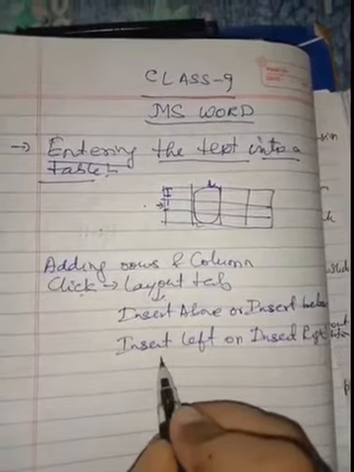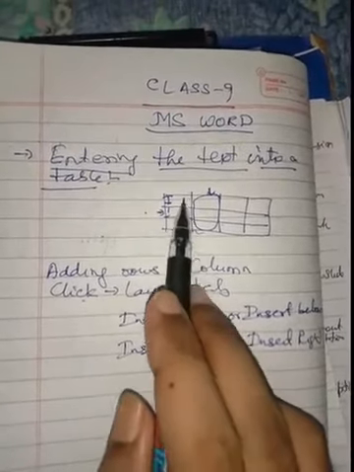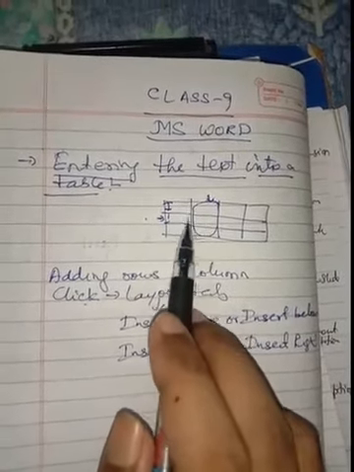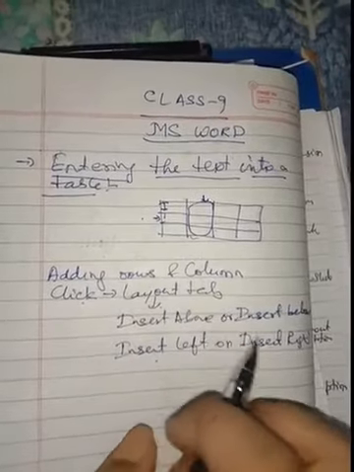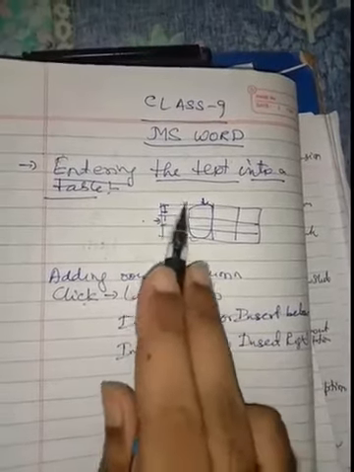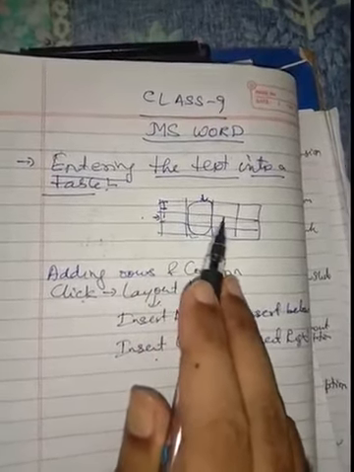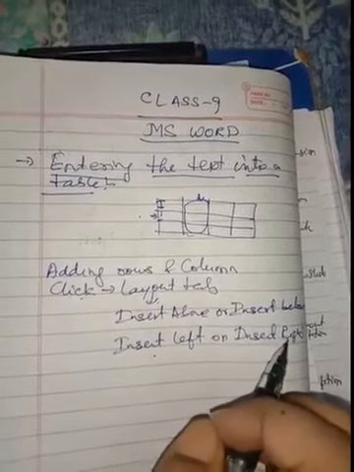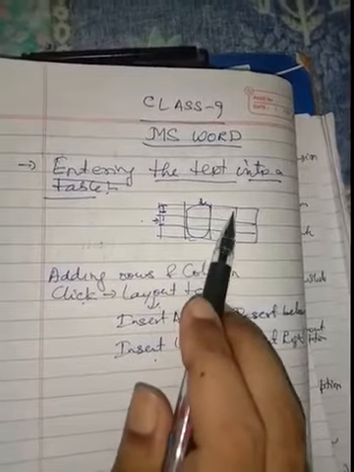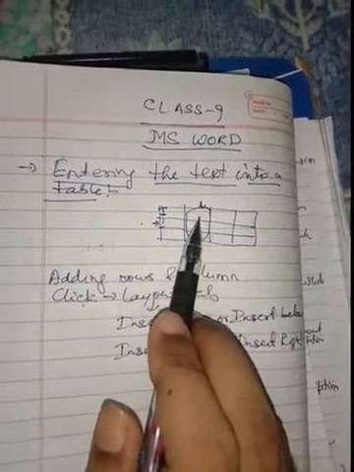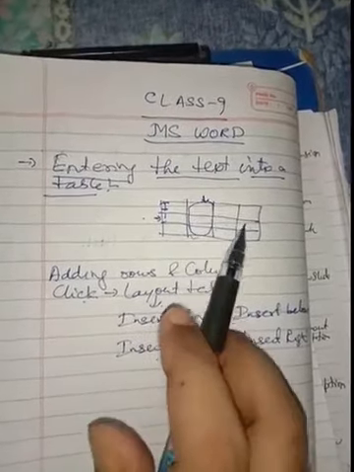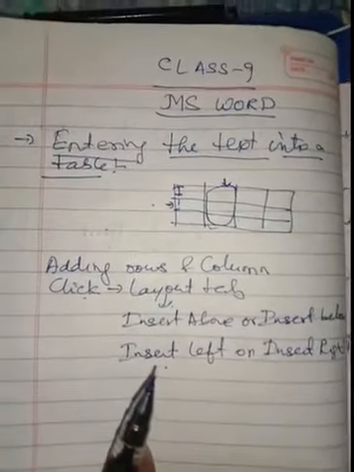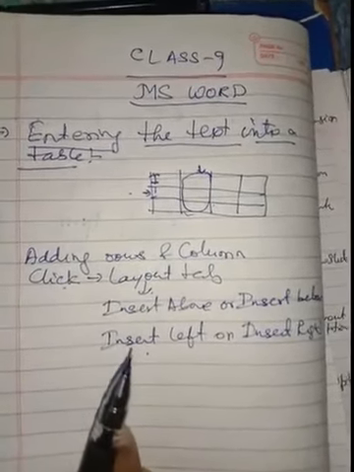If I click on insert left, a new column will be inserted to the left of the selected column, and if I click on insert right, a new column will get inserted on the right of the selected column. So in this way we can insert the columns and rows.